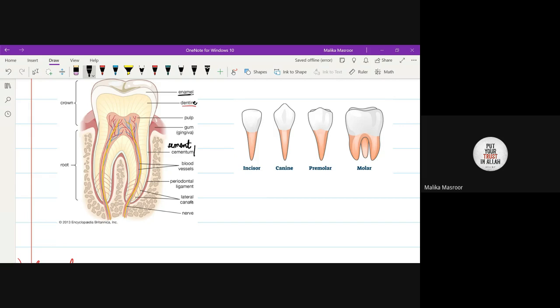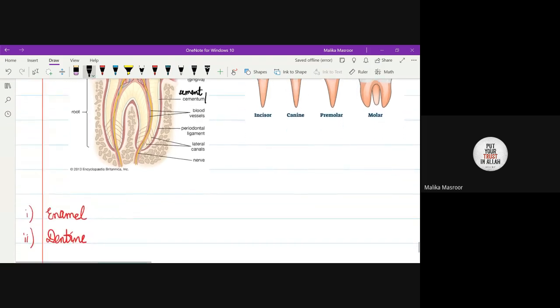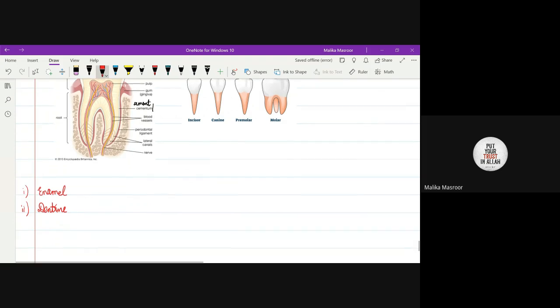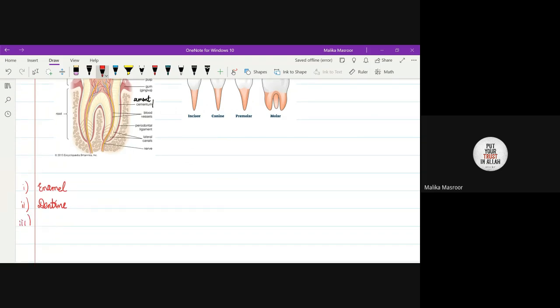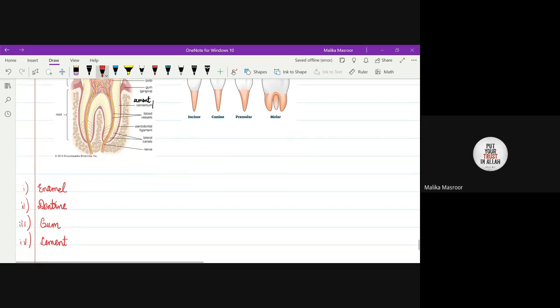These attach the tooth to the bone in the jaw, but allow slight movement while biting and chewing. And then you have nerves and blood vessels as well.